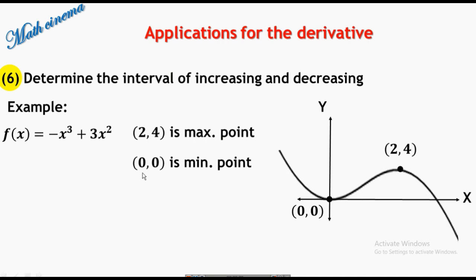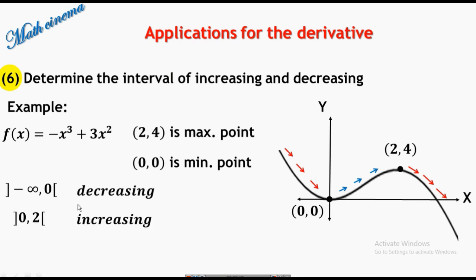And now we want to find the increasing and decreasing intervals. And as you see in the opposite graph, at the interval negative infinity to 0, the curve is decreasing, and after the critical point, the curve is flipped. So in the interval 0 and 2, the curve is increasing.